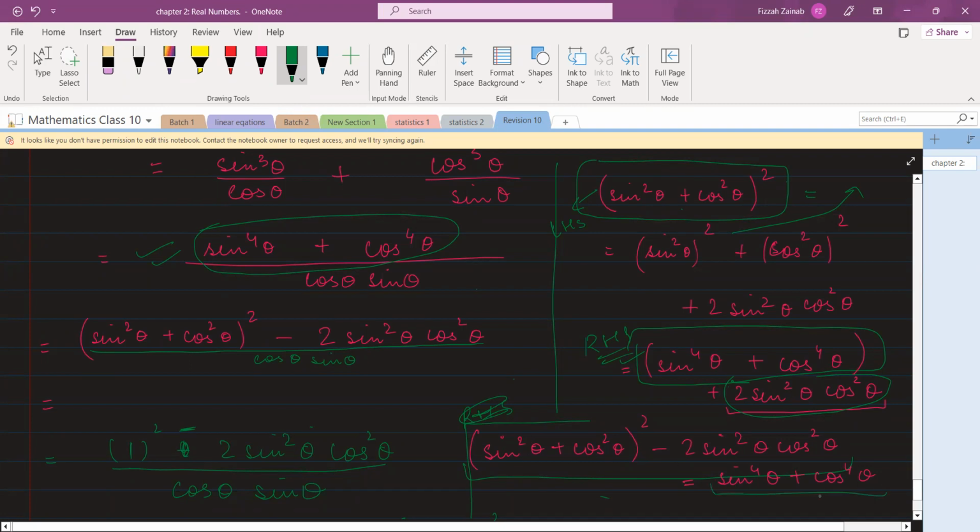So this is your RHS now, and this is your LHS. Is that clear? So in place of this sine 4 theta plus cos 4 theta, I have written this. And from here, this minus is coming. I hope it's clear, otherwise I can solve it again. Okay, let's write this down.